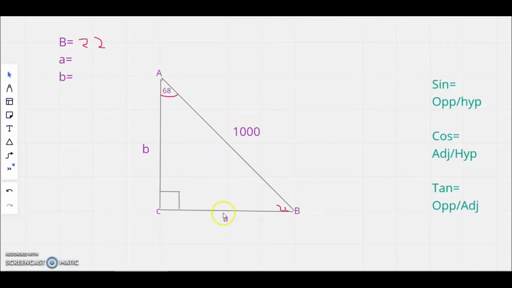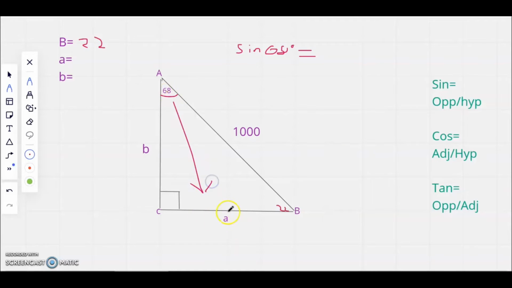If we want to find what this is, we can set it up as sine of 68 degrees equals A, because the opposite of angle A is A, and your hypotenuse is obviously 1,000.